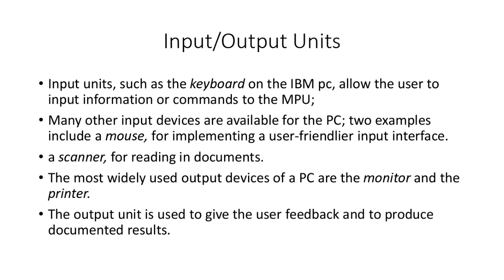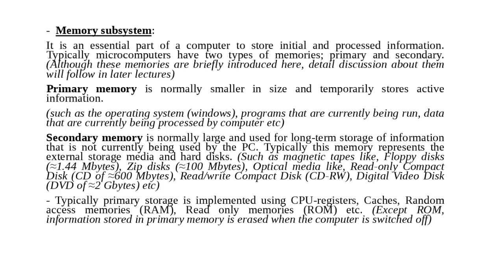Two examples include a mouse, for implementing a user-friendlier input interface, and a scanner for reading in documents. The most widely used output devices of a PC are the monitor and also the printer. The output unit is used to give the user feedback and to produce documented results, so we can see the result.